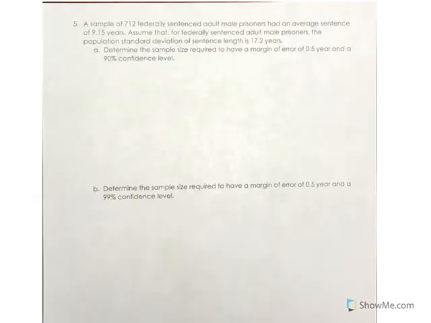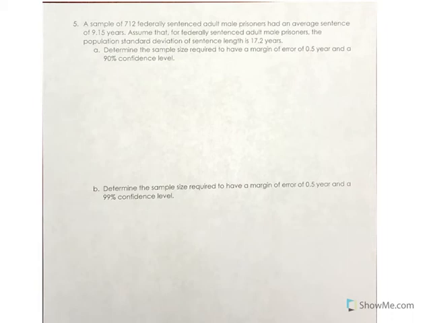Okay, let's look at another problem. All right, our next example says we have a sample of 712 federally sentenced adult male prisoners who had an average sentence of 9.15 years.